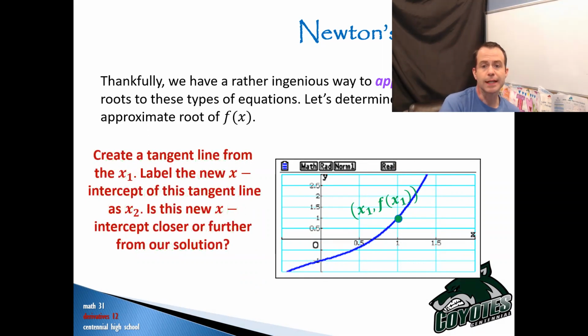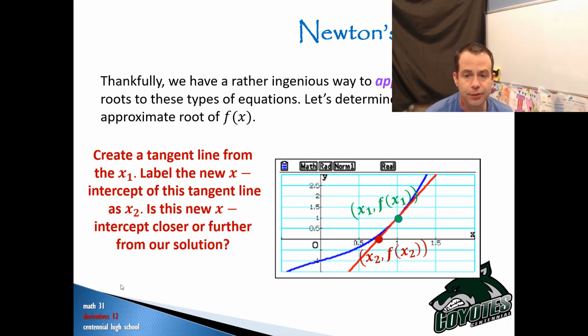Now we're going to create a tangent line from x1. Label that x-intercept of this tangent line as x2. Okay, so here I go. I'm going to create a tangent line, okay? And then I'm going to mark this guy as x2. So that's my x-intercept. Now, is that new x-intercept closer or further from our solution?